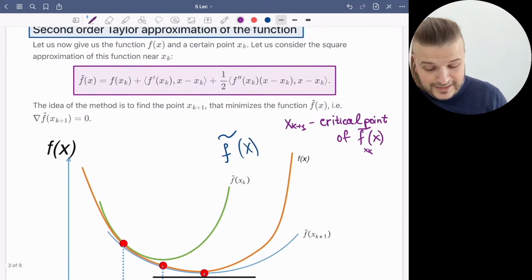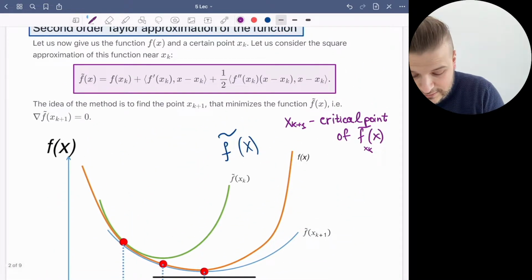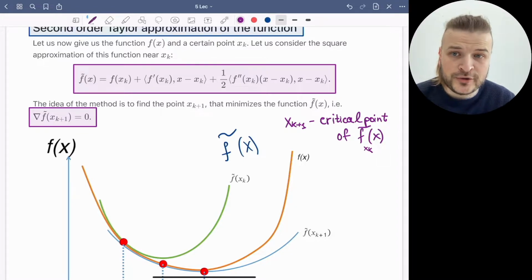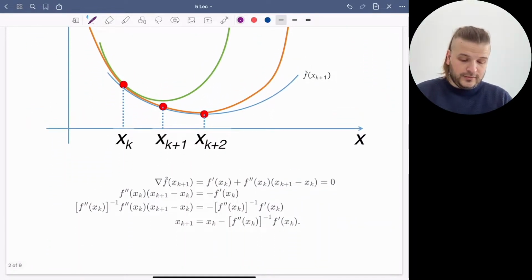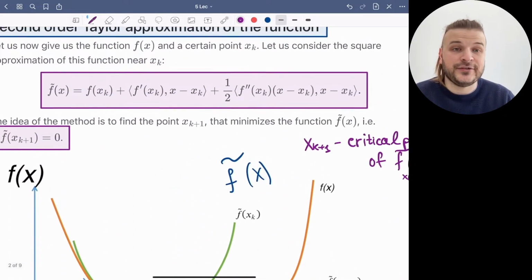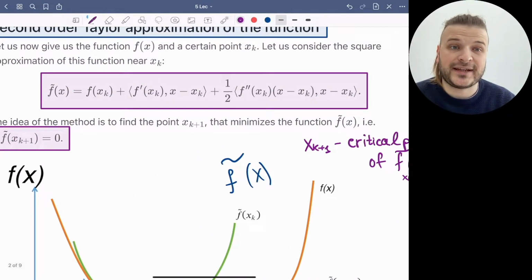Which means that the gradient of f with wave at this point is equal to 0.